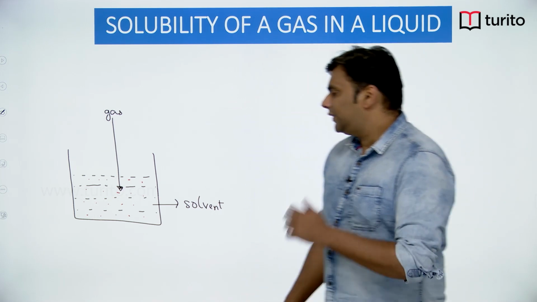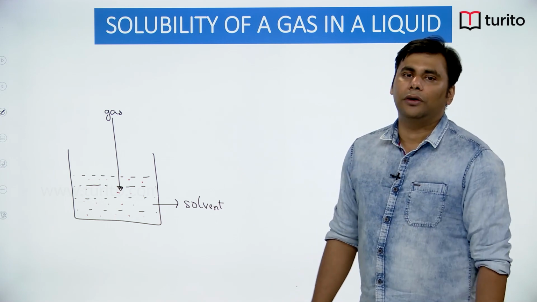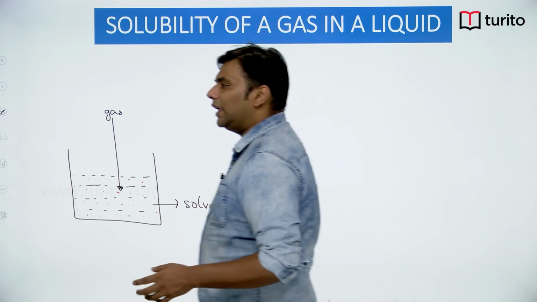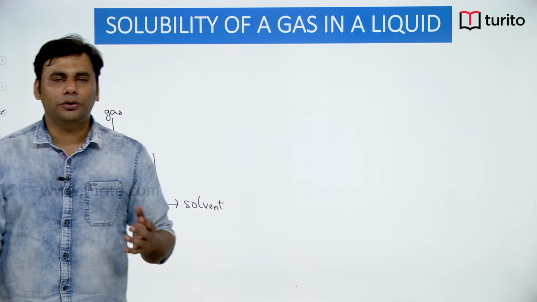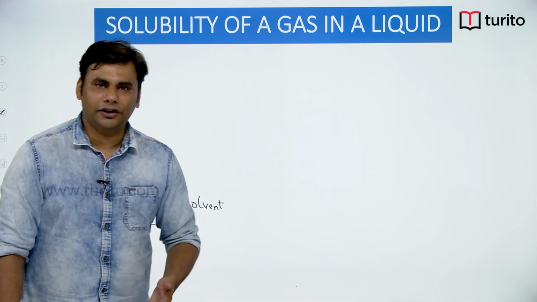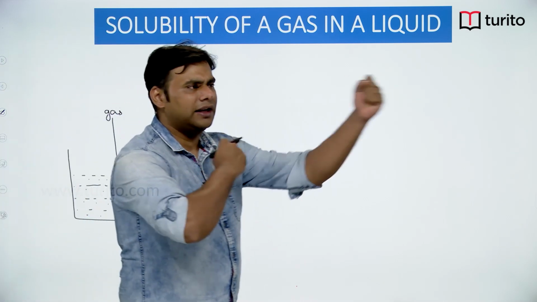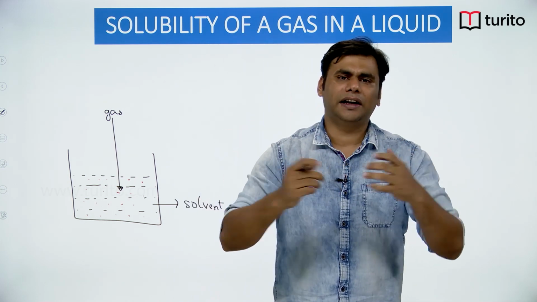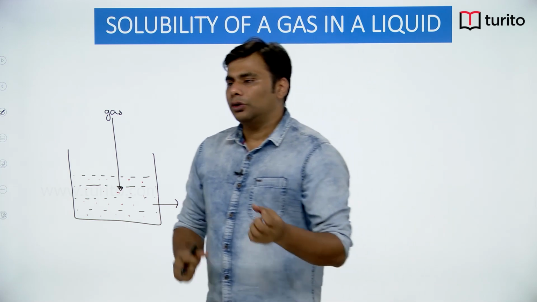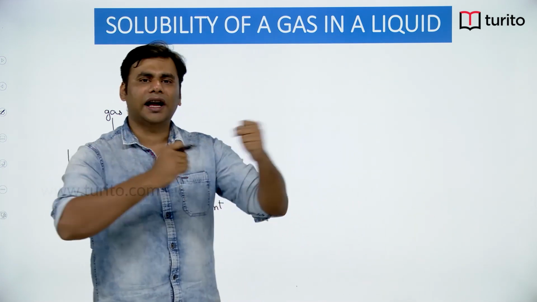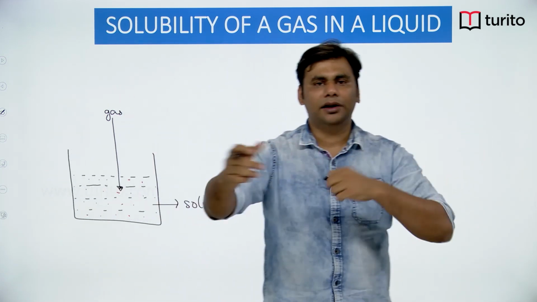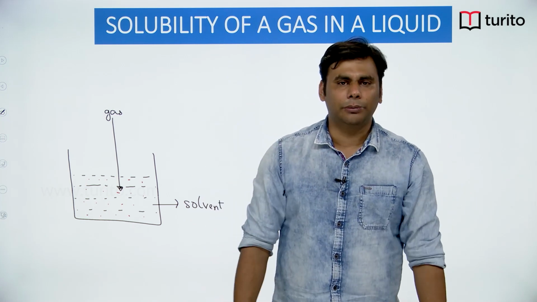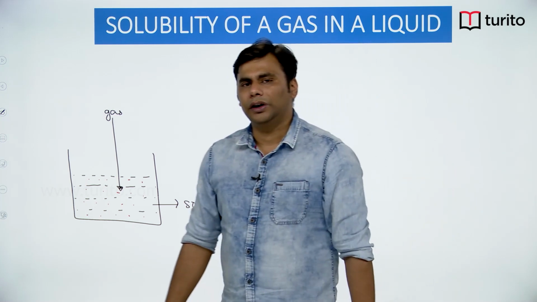Now the second point is whether this is an exothermic or an endothermic process. Now we know that if you consider a gas, it will have some kinetic energy. The gas molecule will obviously keep on moving here and there, so it has a random motion. Initially the gas is having a very high energy because it is having random motion because of its thermal energy, which is directly proportional to the temperature.